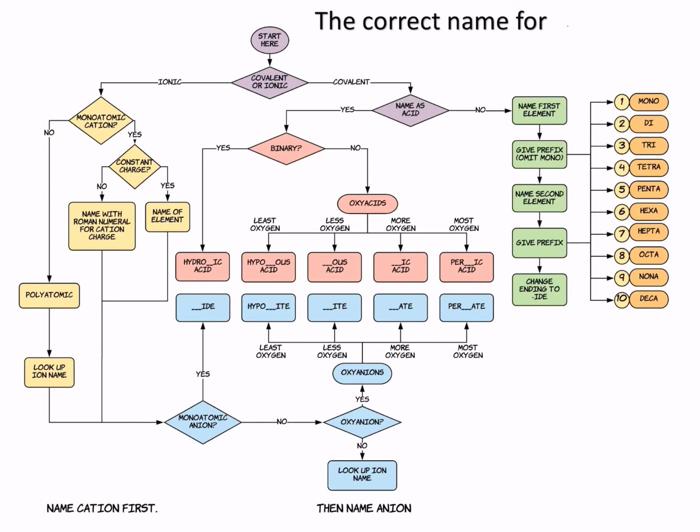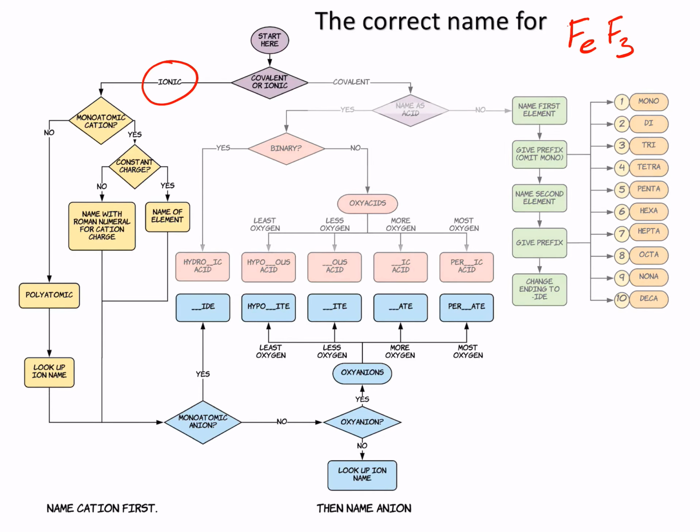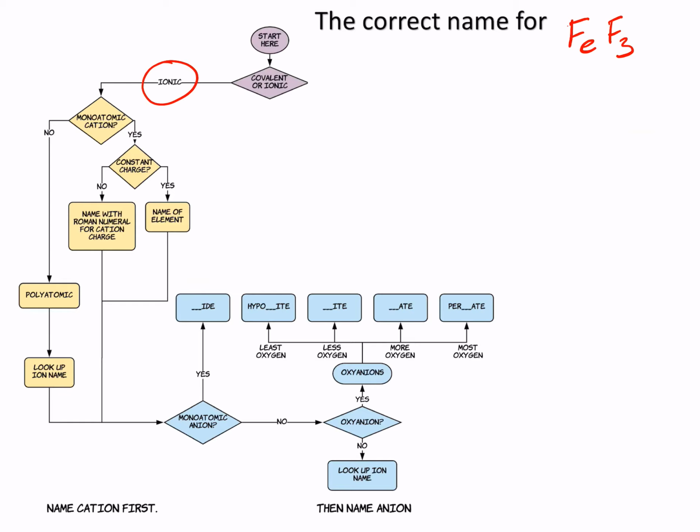What is the correct name? Let's say we have here FeF3. Once again, is this an ionic or a covalent compound? And then you have a metal there with iron, so it's ionic. We can forget about the rest of the diagram. So is that a monatomic ion?